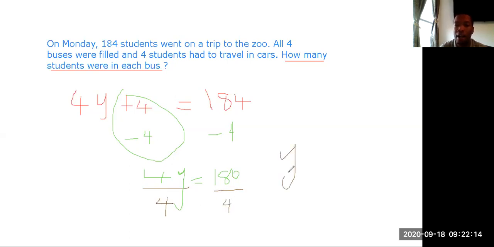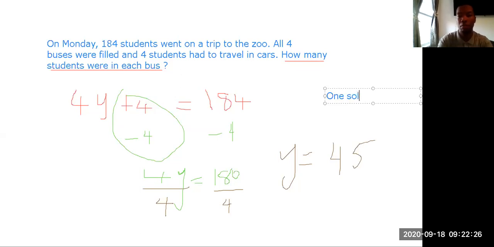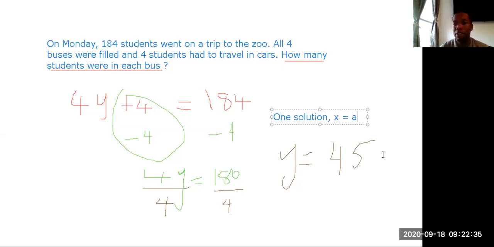So y is equal to 45. When you do the division, it will equal 45. And like all the questions we've done so far, they have one solution, because they're all x equals a. In this case, it's y equals a because it's a y value, and a represents the 45.